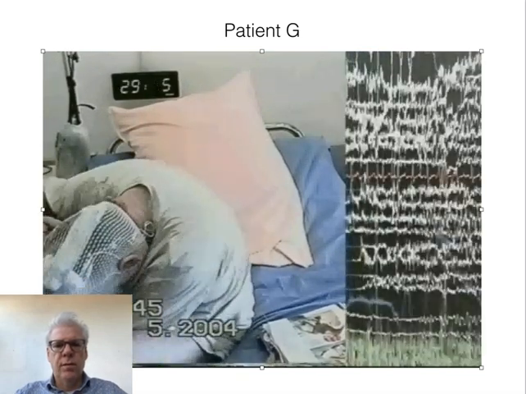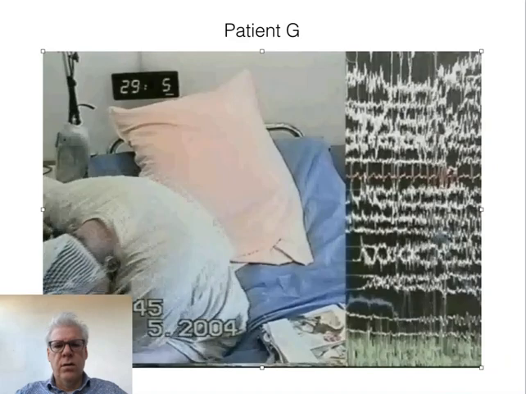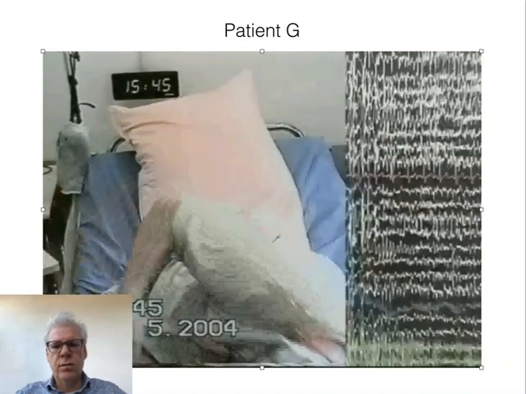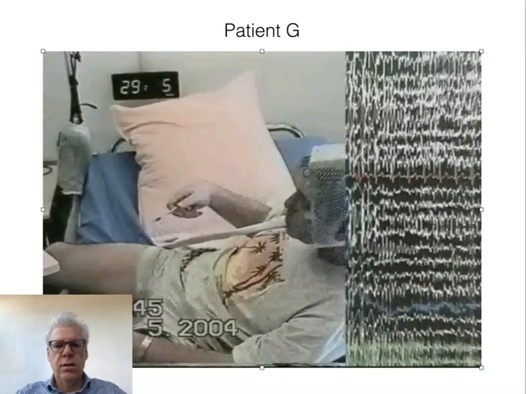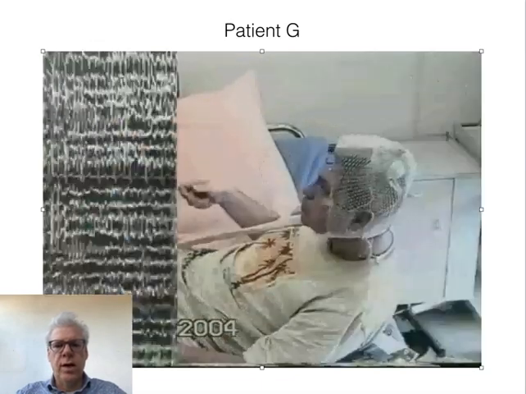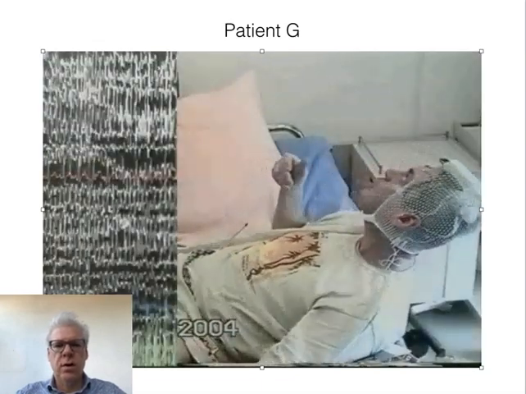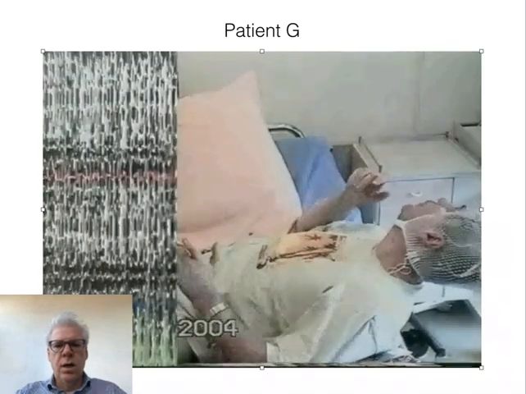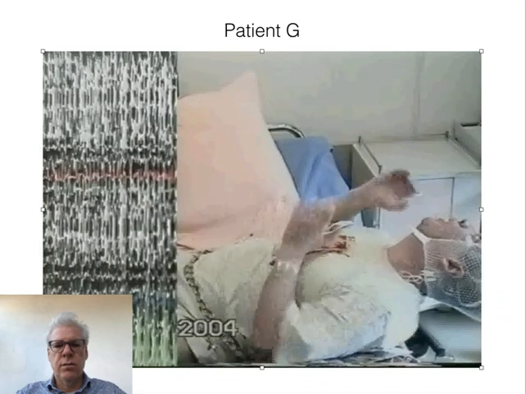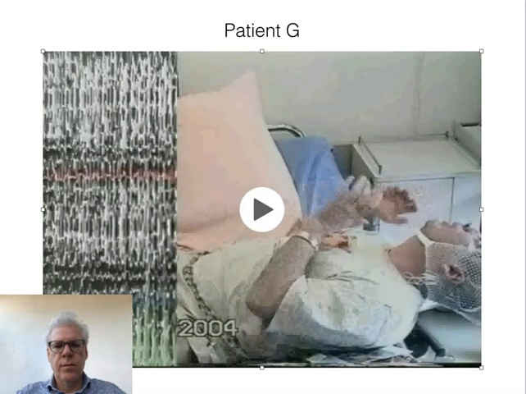Very suddenly there is a loss of consciousness and a bilateral, generalized tonic contraction of the muscles of the arms, the neck, and the legs. And now the clonic phase starts, the rhythmic jerks, and this typically continues for 1 minute or a few minutes.